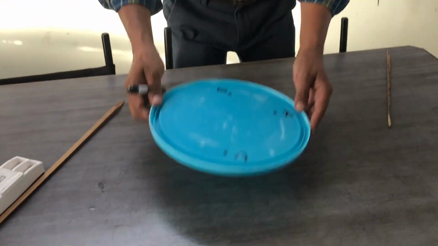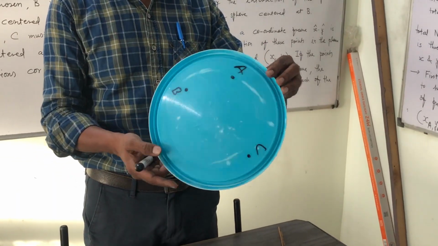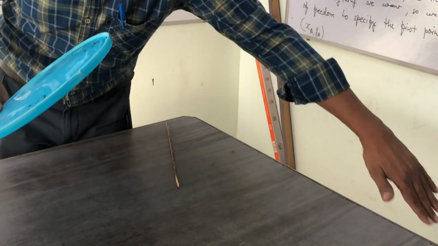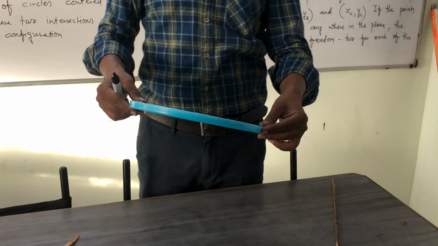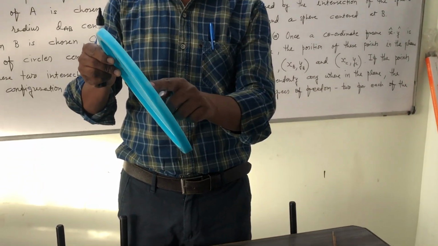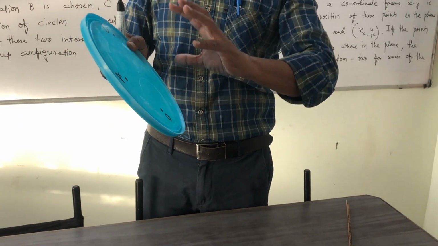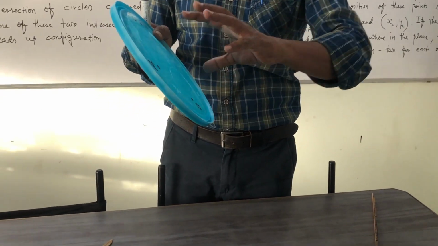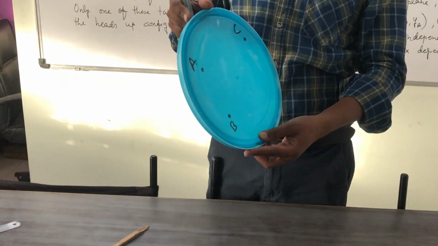This way, suppose we want to define the position and orientation of the coin in 3D space. This one is the x axis, this one is the y axis, and this one is the z axis. Then we can fix the first point A at any point xa, ya, za. Then B must lie on the spherical surface of radius DAB centered at A. For this spherical surface, we require 2 coordinates, longitude and latitude.